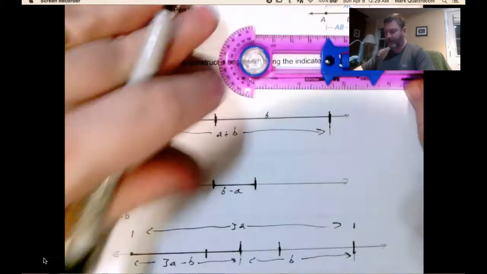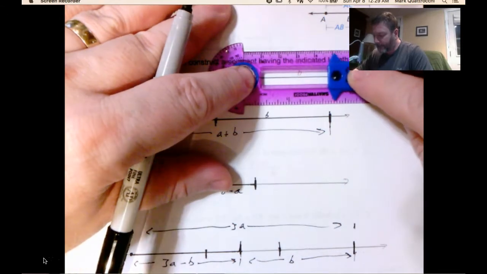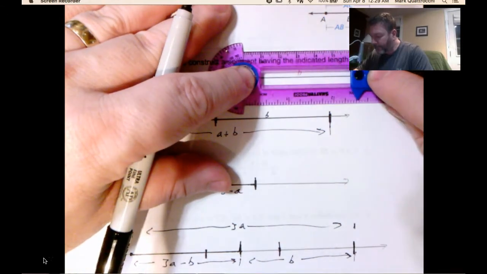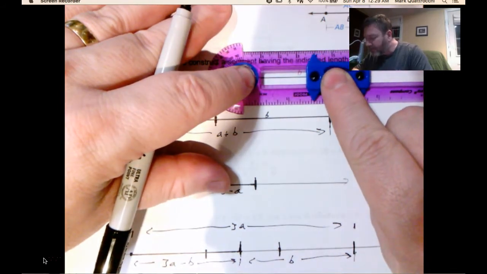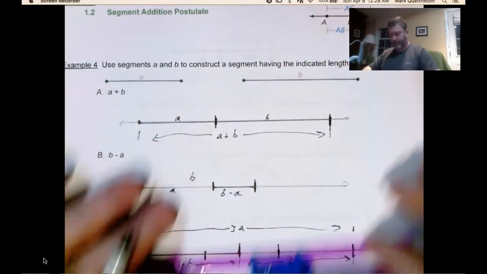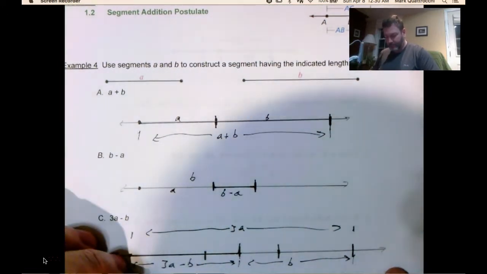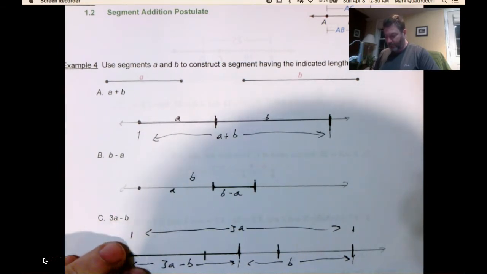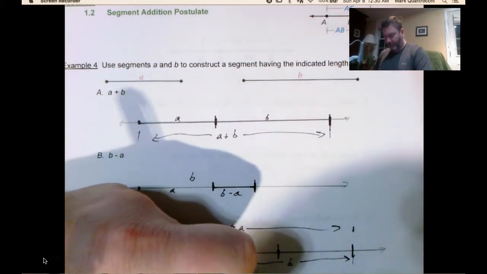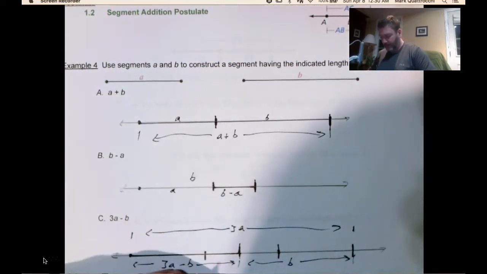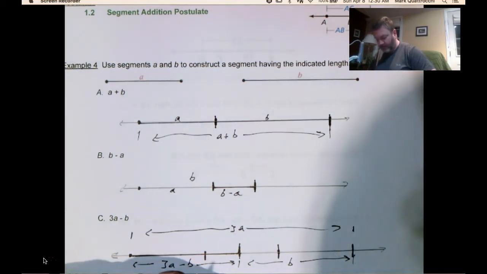There's A. Now I need 2 copies of B. Set my length here. Actually, I'll do it in that one. One. This is B. And did I make it long enough? Oh, I did. Just barely.